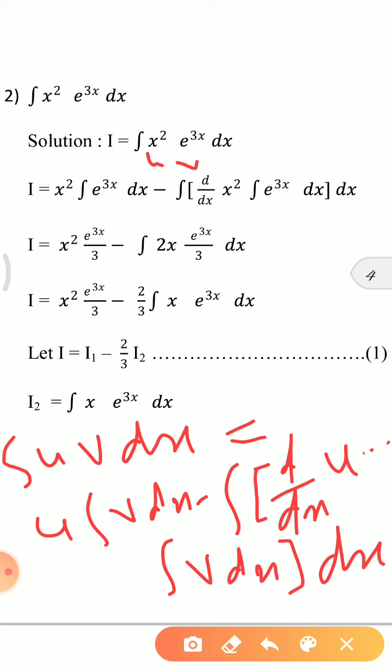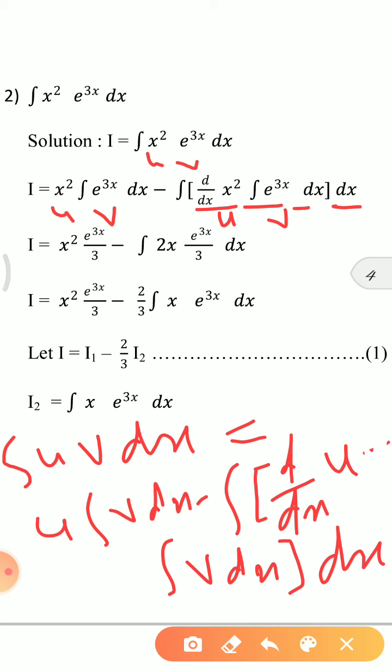This you have to apply, the u into v rule. This is u, this is v. That is I is equal to x square integral e raised to 3x dx minus integral in bracket d by dx of x square into integration of e raised to 3x dx, bracket complete, the whole dx here.